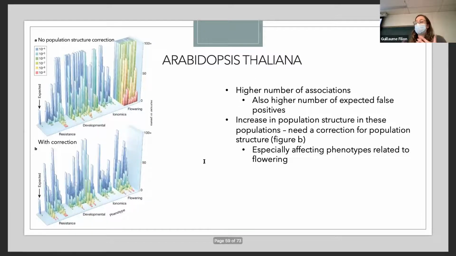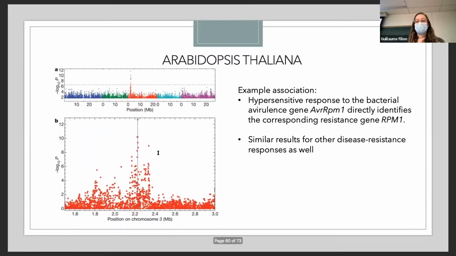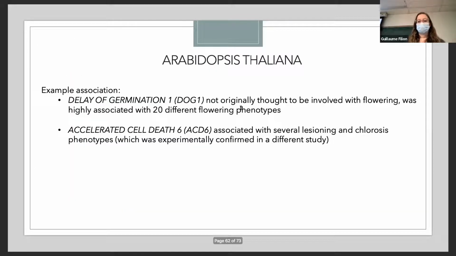The population substructure was a great learning opportunity, as we've been talking about how important it is. I found this one especially interesting, to be able to identify something that wasn't already assumed to be a big deal, and identifying it in 20 different phenotypes. I think that's a pretty big result. Yeah, so that answers your question.